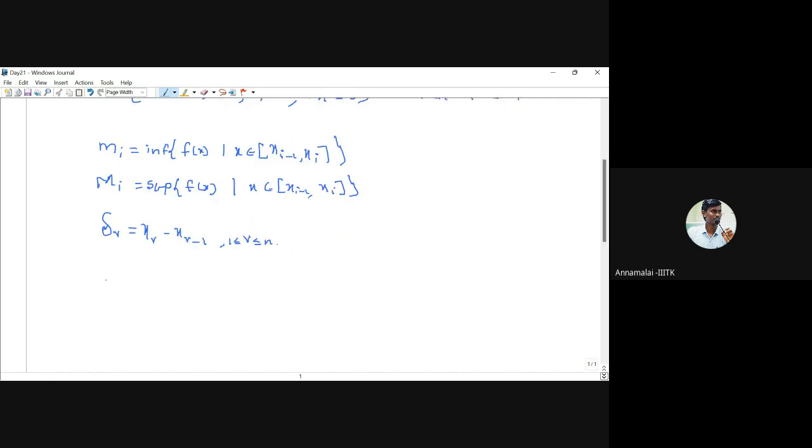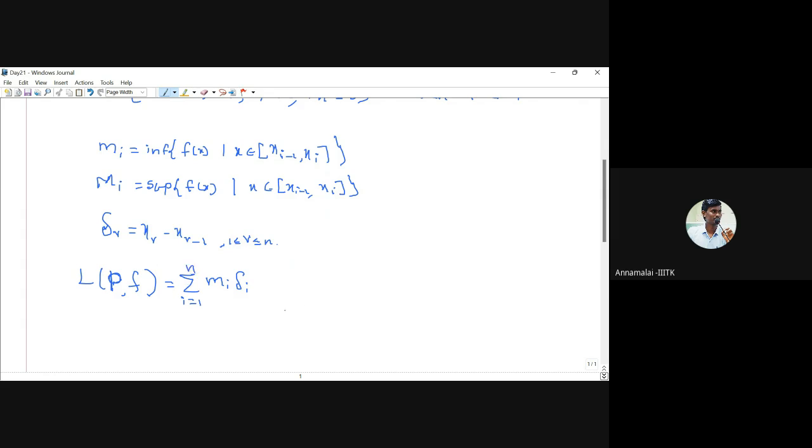Now we define the lower sum L(P, f), that is the lower sum of the function f with respect to this given partition P. For each partition, we define the lower sum. So the lower sum is nothing but the summation of mi times delta i, where i equals 1 to n.